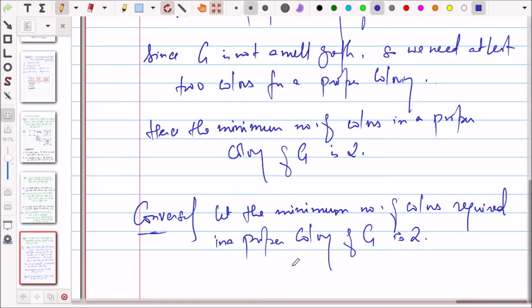Vertices with same color we will put in a single set. Yes, in the same set. So इसके लिए क्या करेंगे?